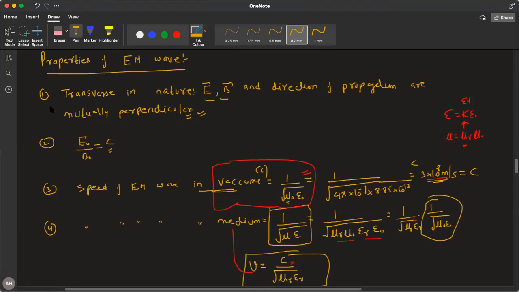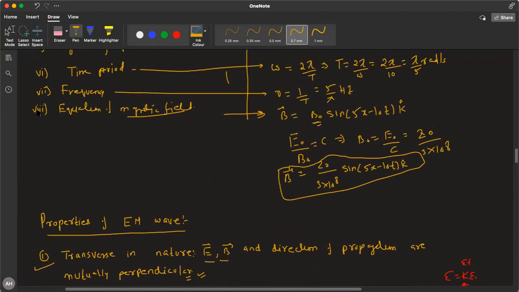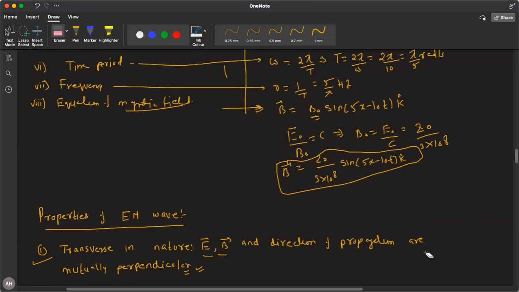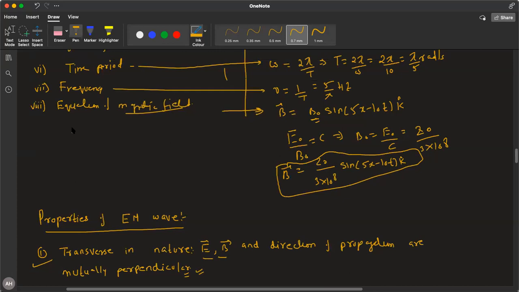So the first property of electromagnetic wave is it's transverse in nature. Transverse in nature means electric field, magnetic field and direction of propagation are mutually perpendicular. If they are mutually perpendicular, then we call that your electromagnetic wave is transverse in nature.